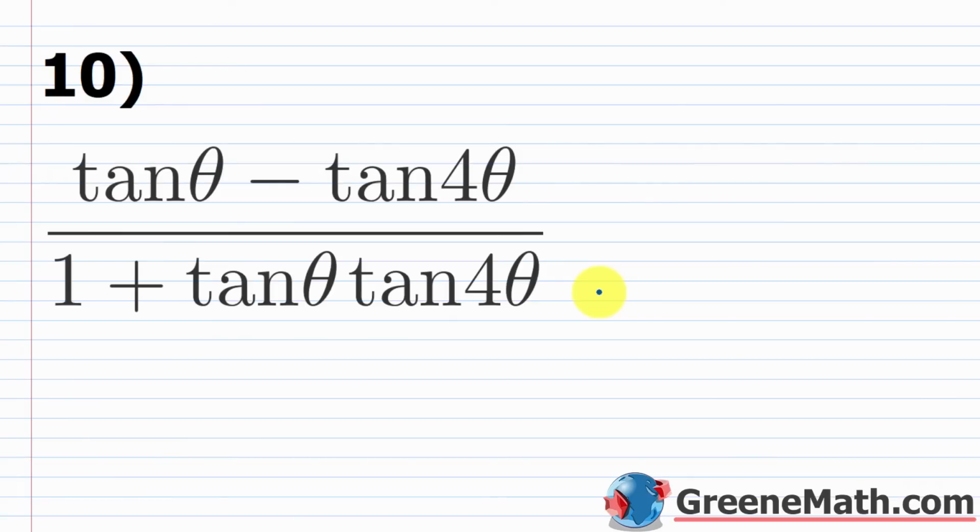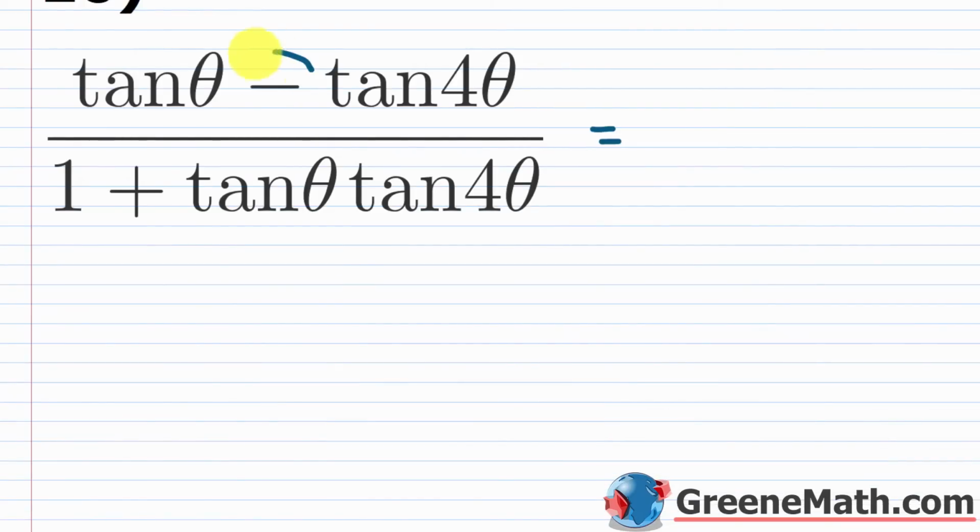All right, let's take a look at problem 10. Here we have the tangent of theta minus the tangent of 4 theta, over 1 plus the tangent of theta times the tangent of 4 theta. Using my formula, just think about the fact that this is a minus, okay? If you're working with tangent and you have your sum or difference identity, then this sign right here needs to match what's inside there. So you'd have the tangent of the first angle, which is theta.